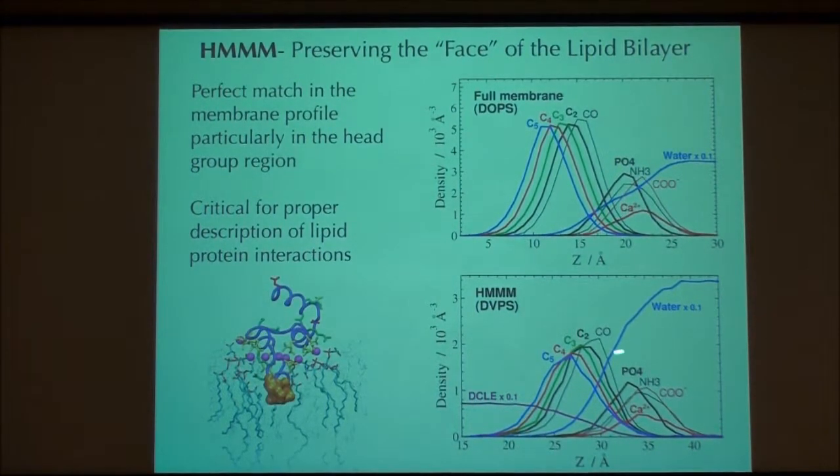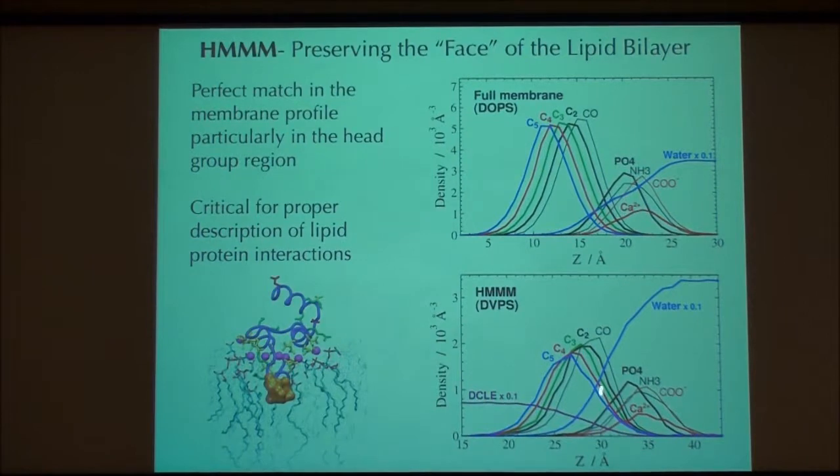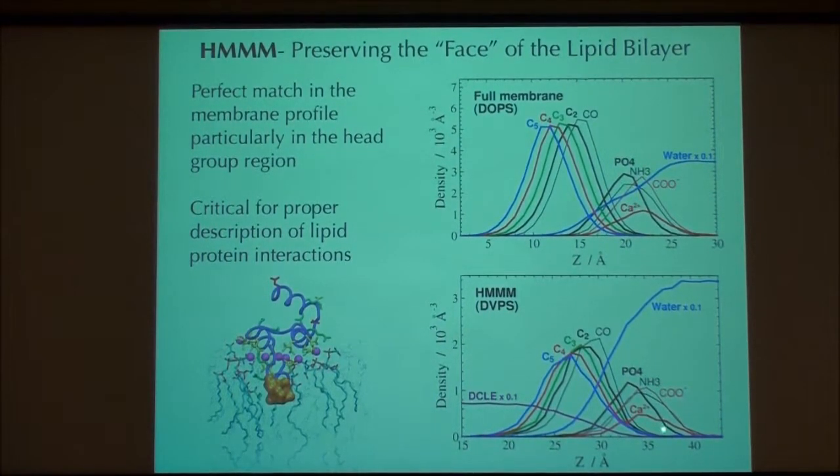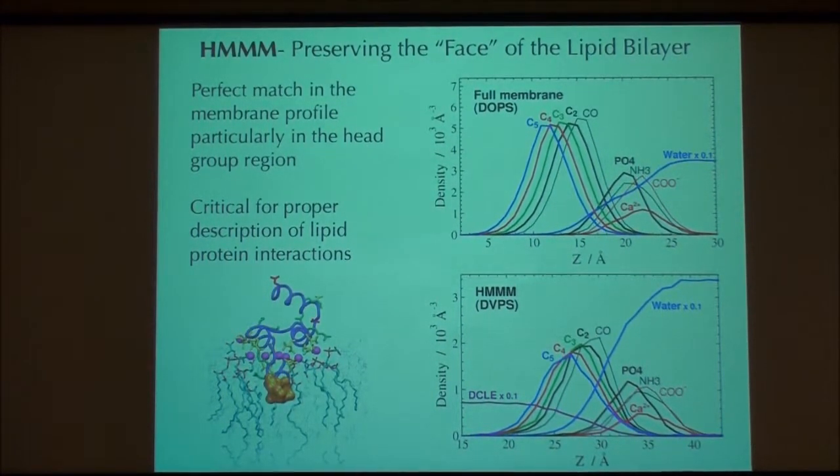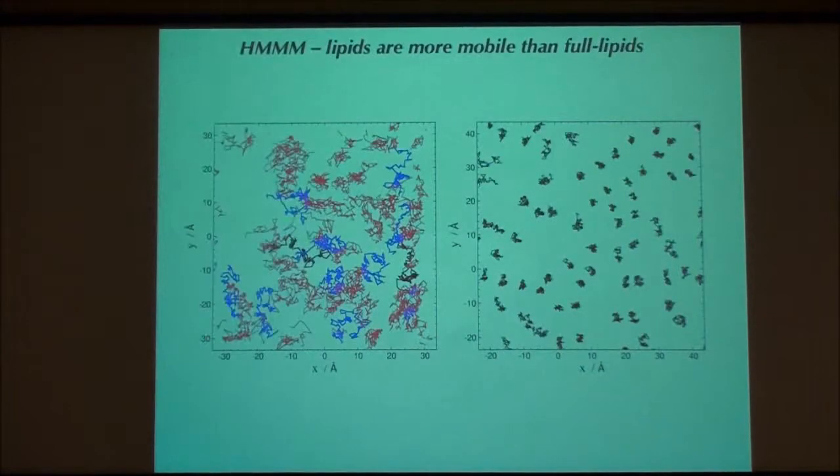The phase of the lipid bilayer is very similar in the full representation and in what we call the highly mobile membrane mimetic, HMMM. Even the position of the counter ion is matching very closely. We only have a wider distribution here because they fluctuate more, they are more flexible, and this we have been able to fix by adding an additional constraint to the system.